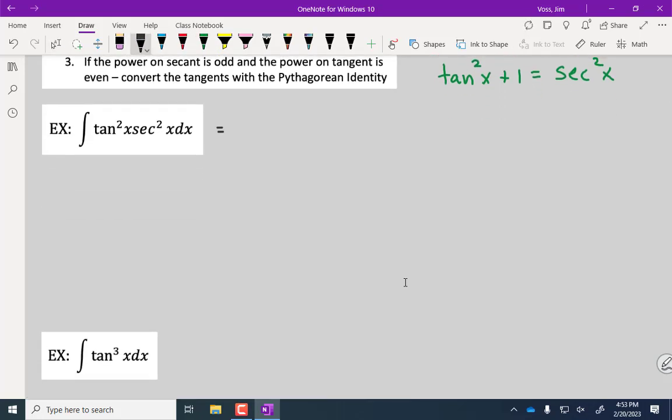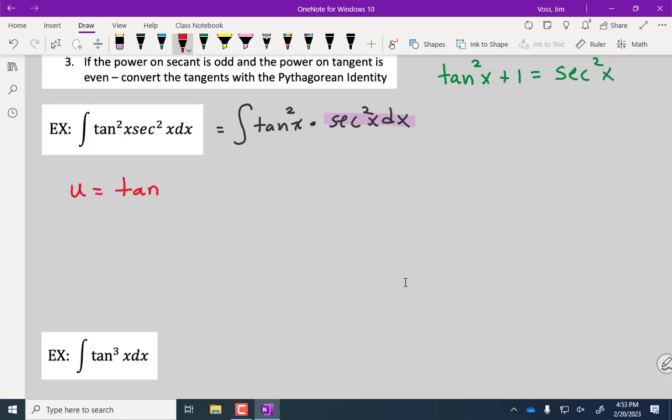Let's pull it off. All right, now this one, I'm just going to rewrite it so that I'm thinking in my head that I've pulled off the secant squared. It's hanging out with the differential. There's no leftovers. We pulled off secant squared. There's only a secant squared. So we can just go straight to let u be tangent.